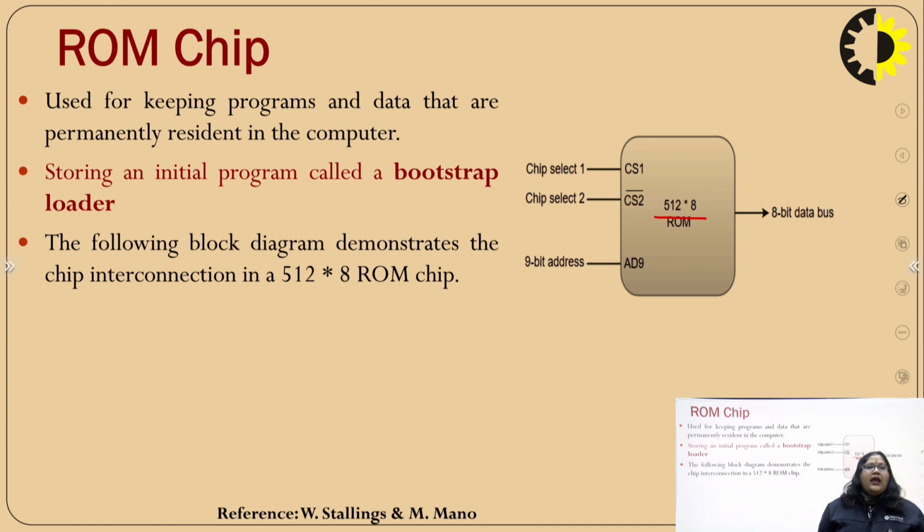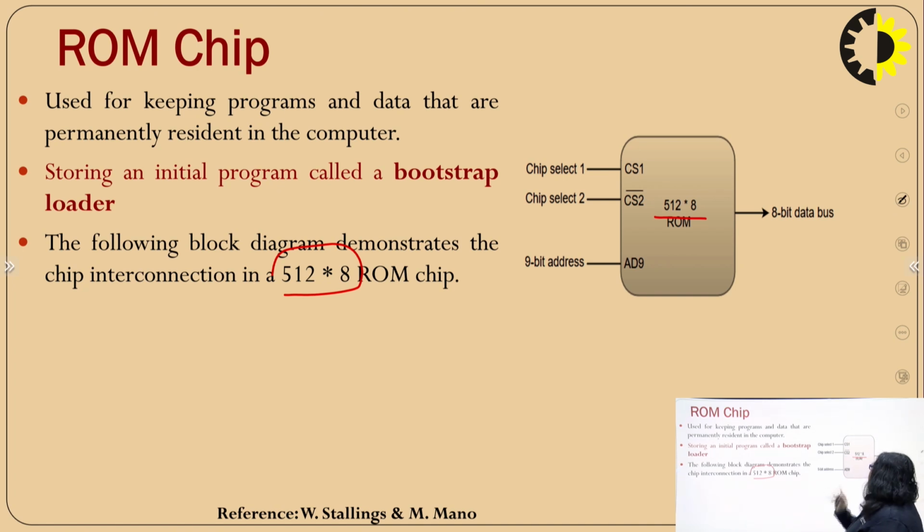For example, if the size is 1024 into 8, what is the address bit size? It is 10, because 2 to the power 10 equals 1024.